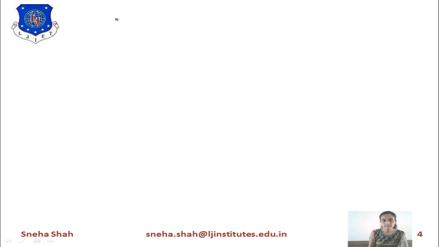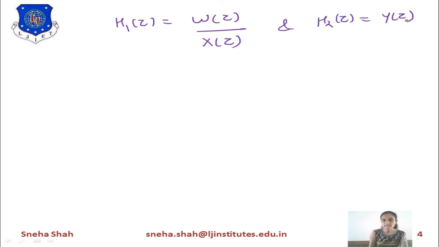So I am writing like this: H1(z) equals W(z) upon input X(z), and the second term H2(z) will be represented as output upon its input, meaning Y(z) upon W(z).